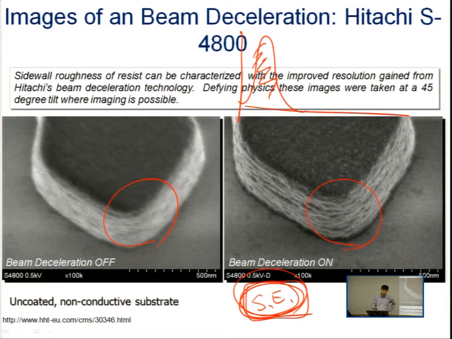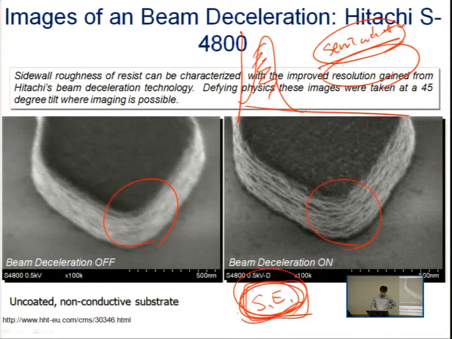So when we are working with a semiconductor or insulator material as a sample, those secondary electrons not only contribute to imaging your sample, but also contribute to a charging effect.